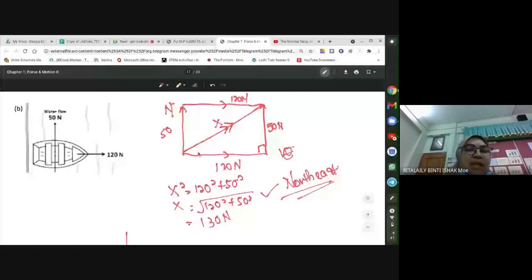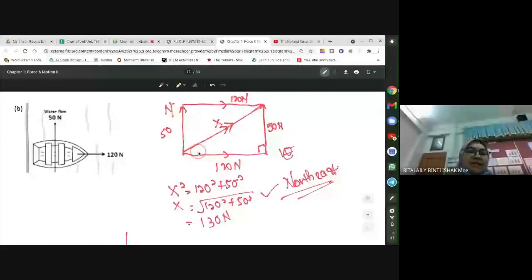If not, the direction is northeast. That's all, so you don't have to worry. They will never ask us the angle for this one. It's not up to your level yet. Later when you go up to a higher level, you are going to learn more about this.